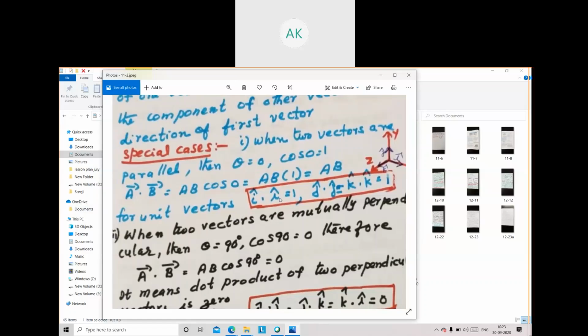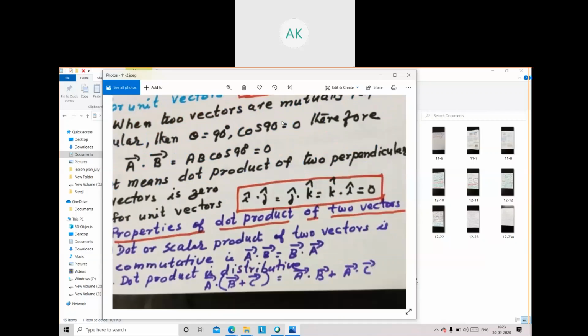For unit vectors, because their magnitudes are 1, you get i dot i, j dot j, k dot k equal to 1. But if they have magnitude, A dot B equals AB when they are parallel. For unit vectors, it is 1.